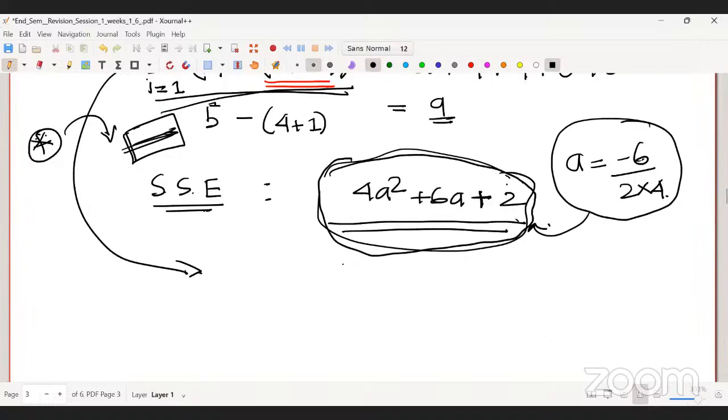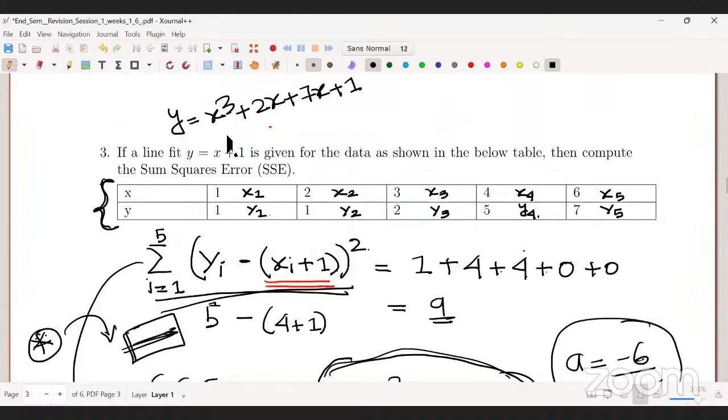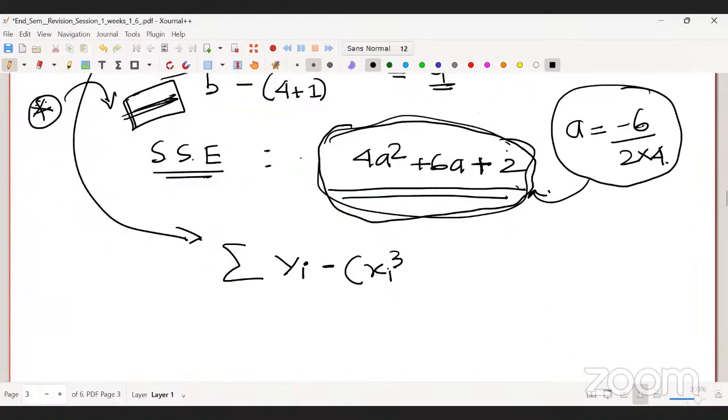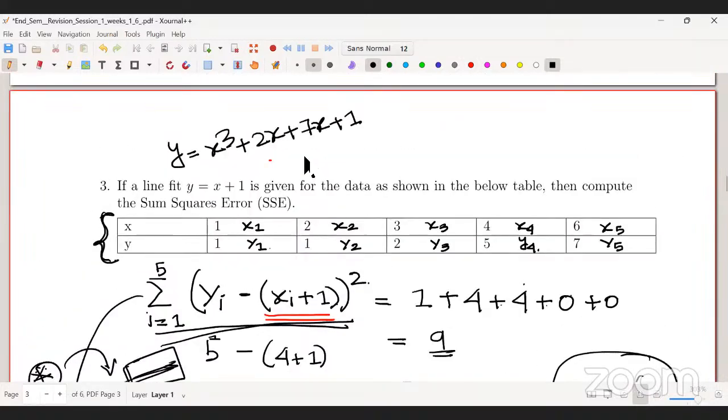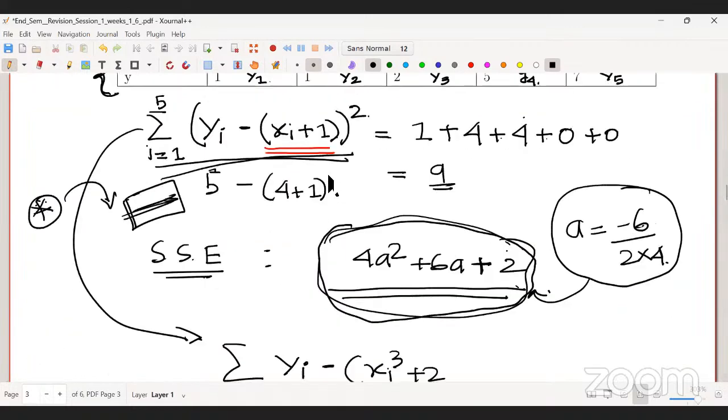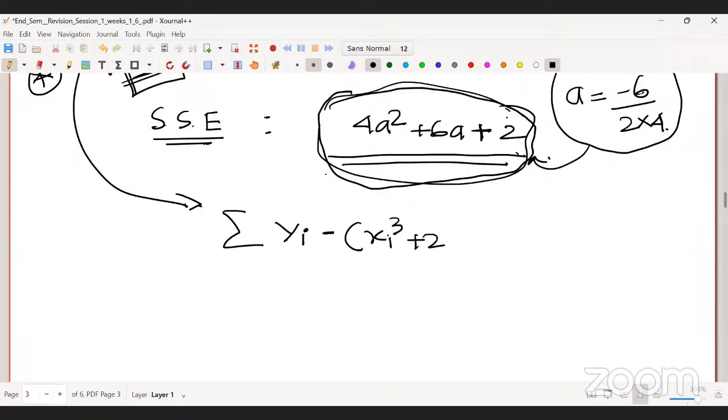In that case, you will have something like this: yi minus xi whole cube, right? I just need to substitute this xi over here. Xi whole cube plus 2, okay, so this should be 2x square. So this is 2xi whole square plus 7xi plus 1.